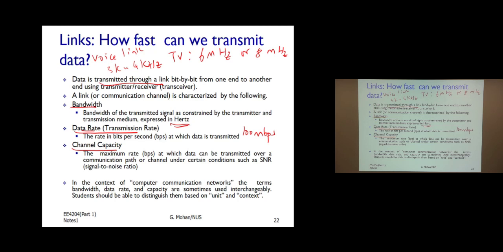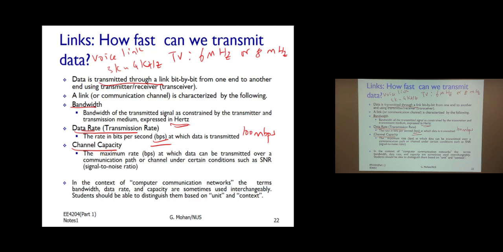But do remember that the unit here is bps, bits per second. That means it can be kbps, kilobits per second, or Mbps, megabits per second, or million bits per second, or Gbps, gigabits per second, or billion bits per second. Similarly, we have terabits also, Tbps.